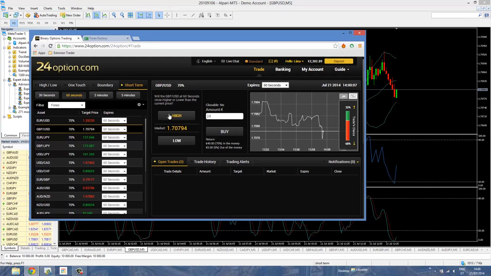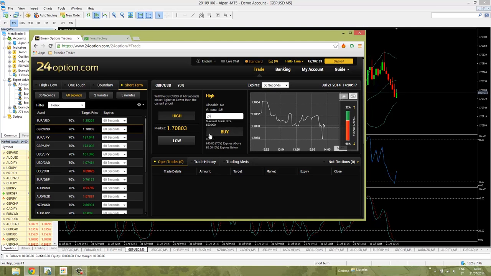So what I normally do is I wait at least 20 to 30 seconds at the start of the trade. There's pretty good movement here. Okay, so I will start this trade.